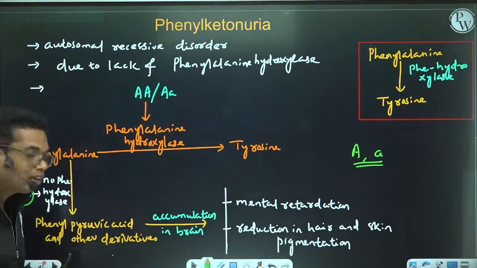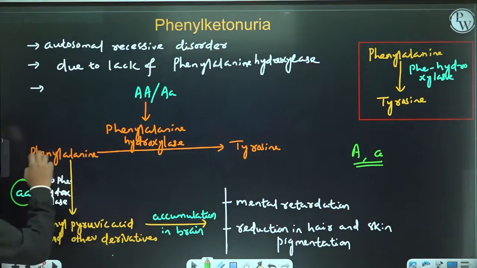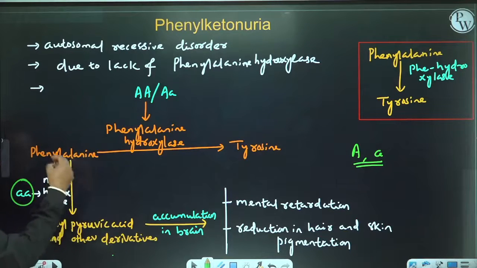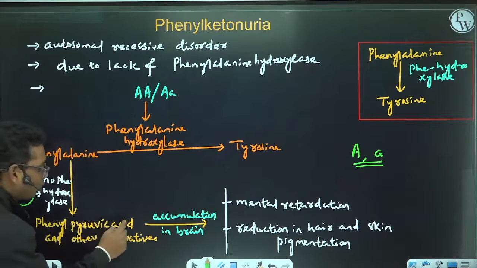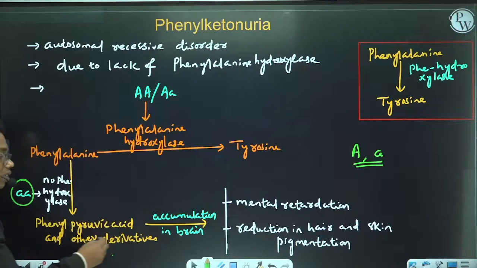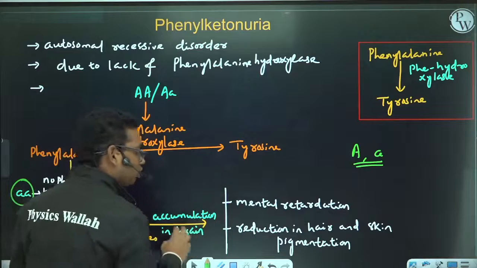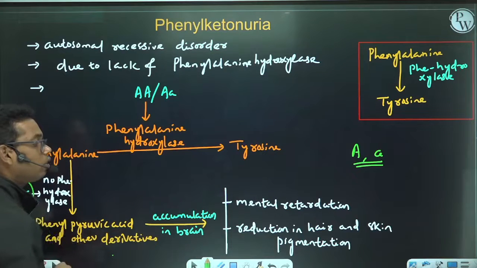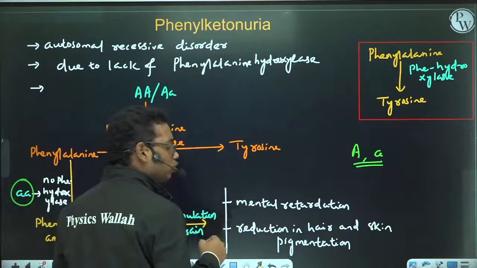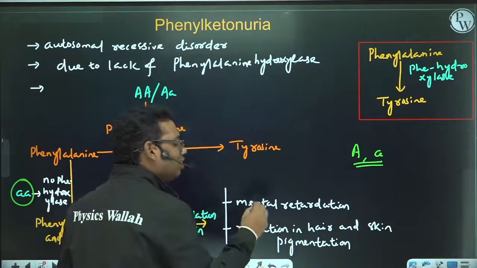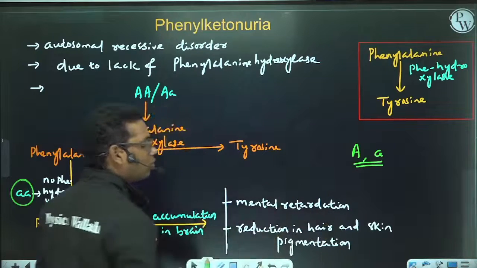That means in the body it will accumulate, and later this accumulated phenylalanine will get converted into phenylpyruvic acid and other derivatives, and those chemicals will accumulate in the brain. Because of the accumulation of these compounds, the individual will show mental retardation and reduction in hair and skin color pigmentation.